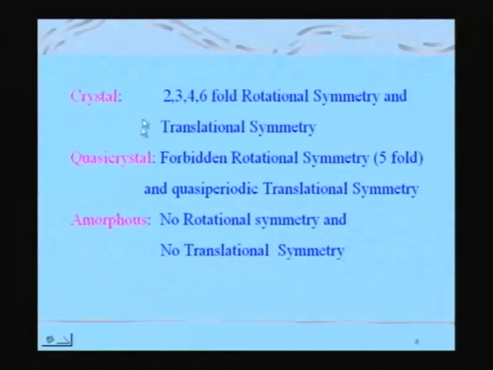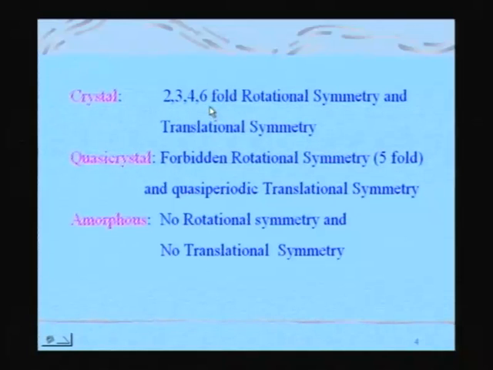And how do we basically define this? Where do you put this quasicrystal between the crystal and amorphous? As you can see from here, the crystal is one which has both rotational and translational symmetry. We talked about it when we were talking about structure of materials. And what are the types of rotational symmetries that are possible? These are what are called the crystallographically allowed symmetries, the 2, 3, 4 and 6.